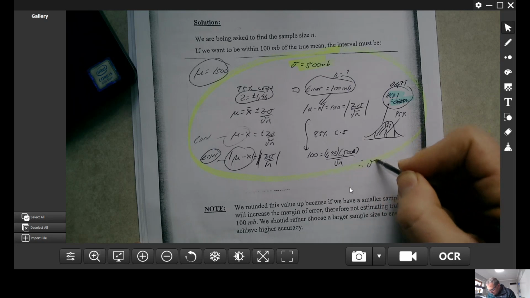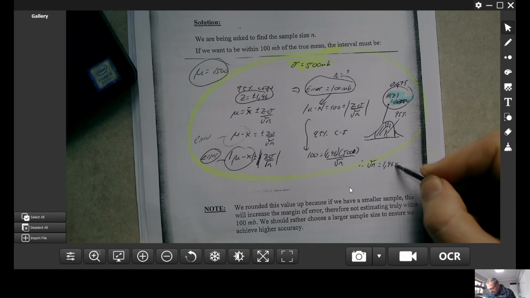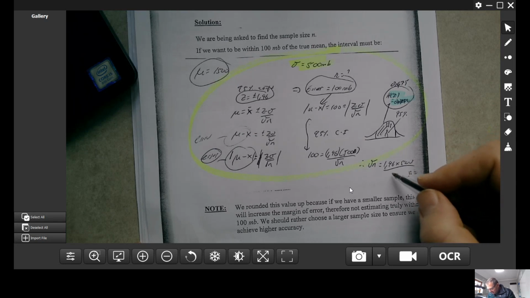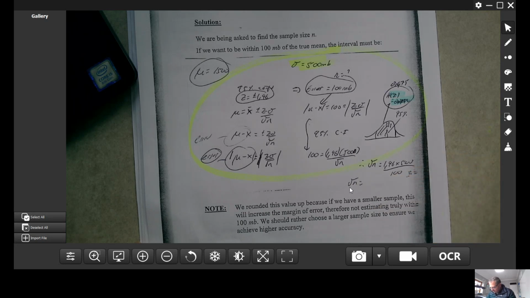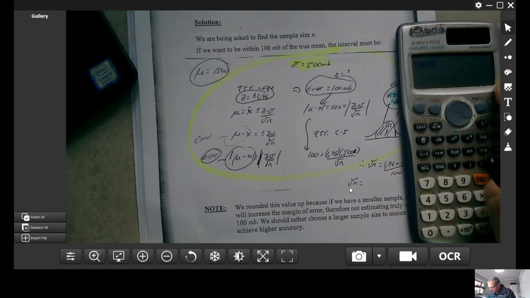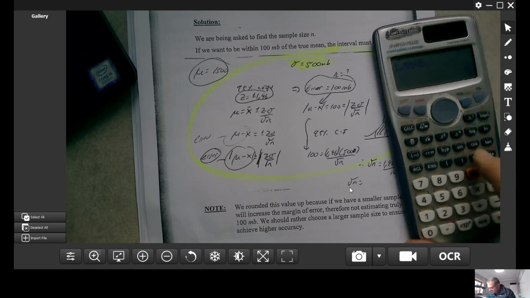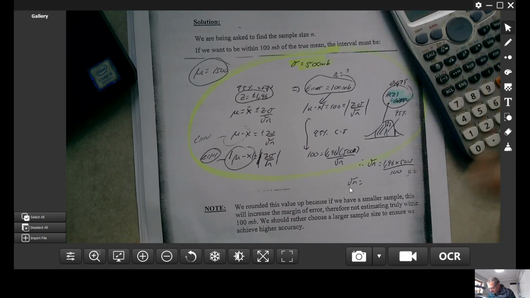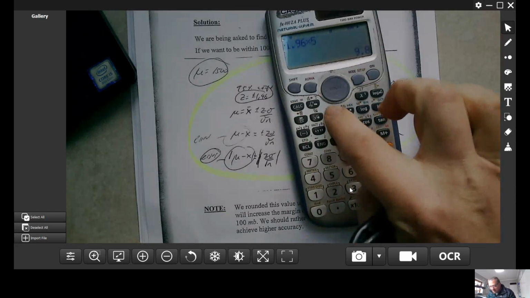If we manipulate that, root n is going to be equal to 1.96 times 500 over 100. In other words, root n is equal to 1.96 times 5. So root n is 9.8. So n is equal to, you've got to go square that.